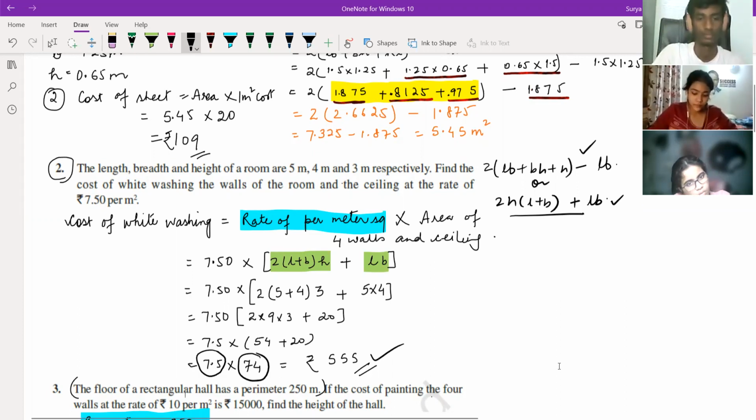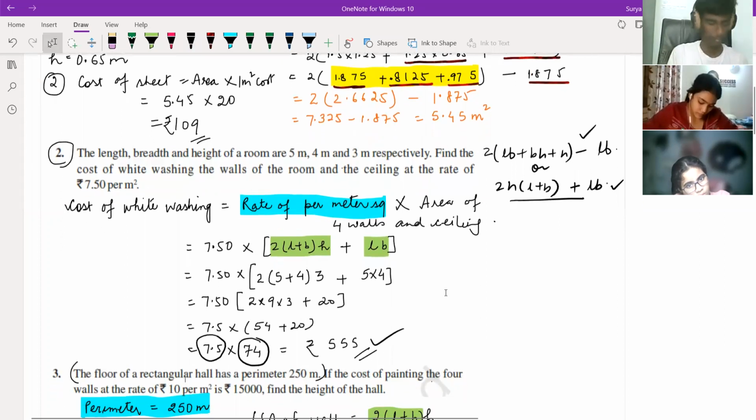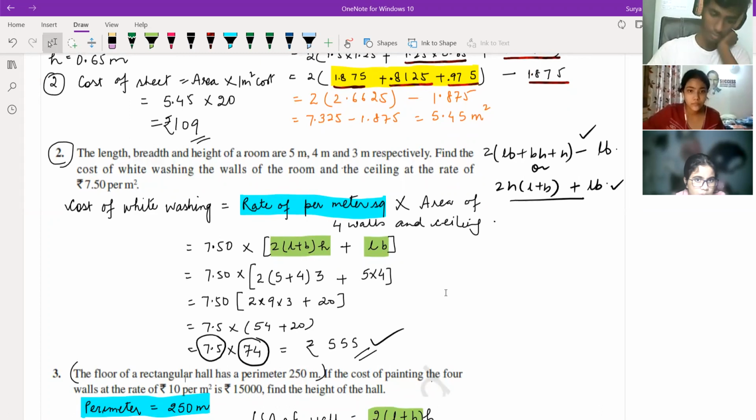Okay, do the third question, all of you. The floor of a rectangular hall has perimeter 250 meters. If the cost of painting the 4 walls at the rate of 10 rupees per meter square is 15,000. Here the question is a bit tricky.